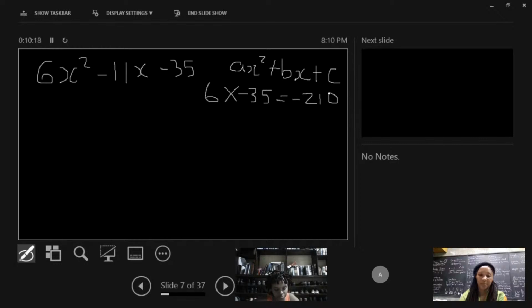The next step is to ask ourselves which two numbers multiply to give this product here and add to give the middle term in the expression. So which two numbers multiply to give negative 210 and add to give negative 11?